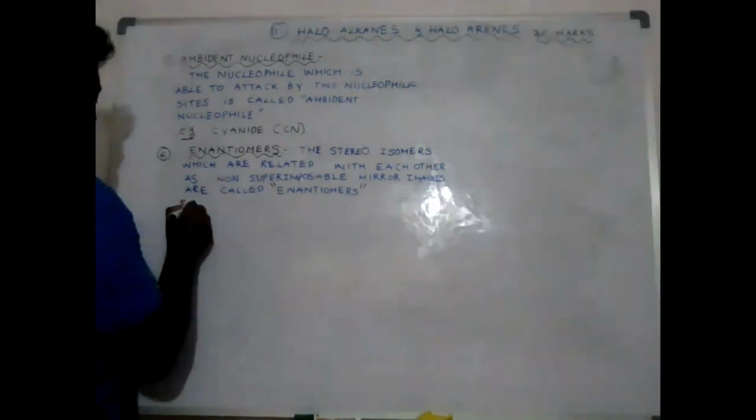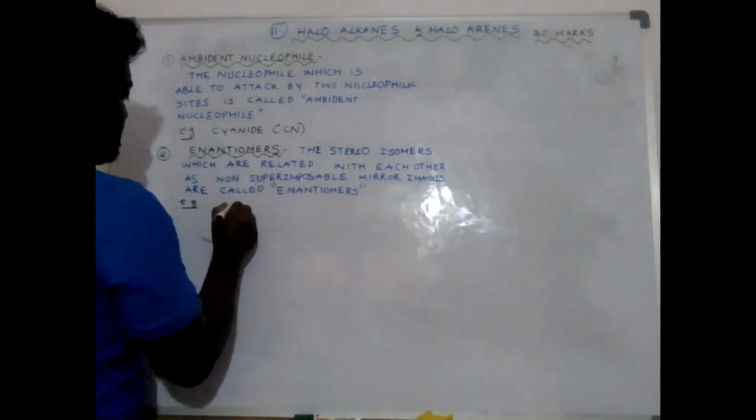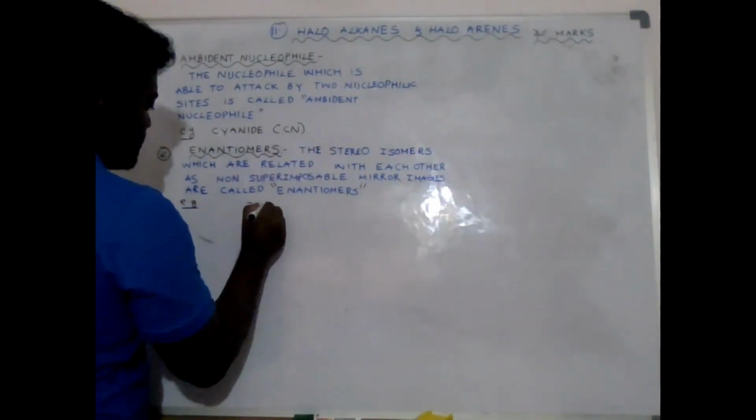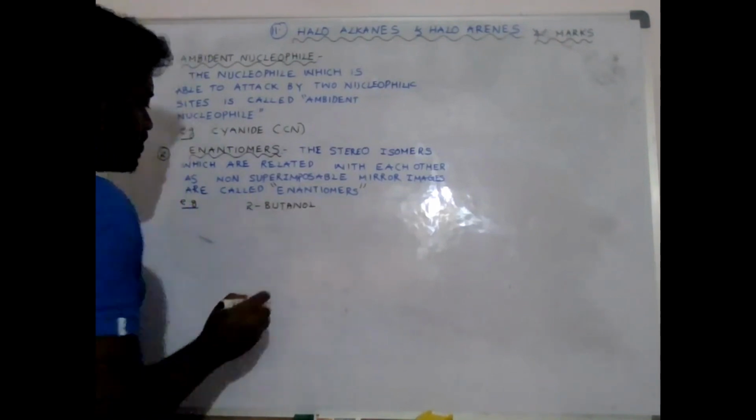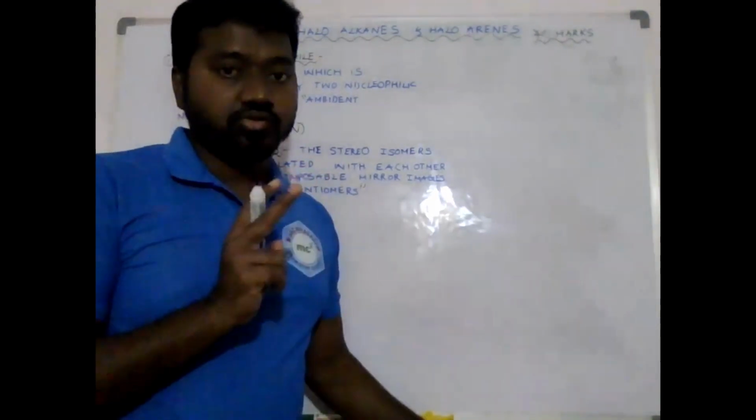Example for this, we have butanol, for example 2-butanol. 2-butanol has two stereoisomers.